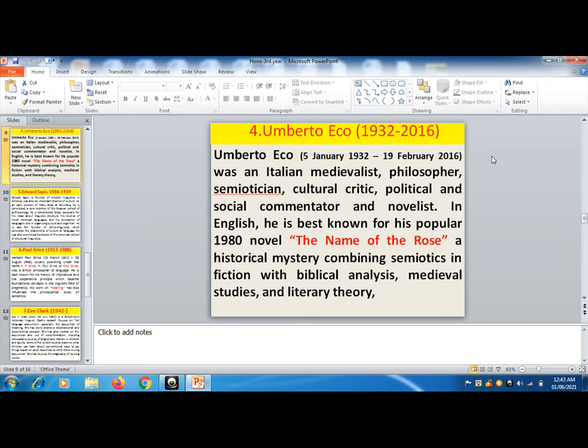In English, he is best known for his popular 1980s novel, The Name of the Rose, a historical mystery combining semiotics in fiction with biblical analysis, medieval studies, and literary theory.